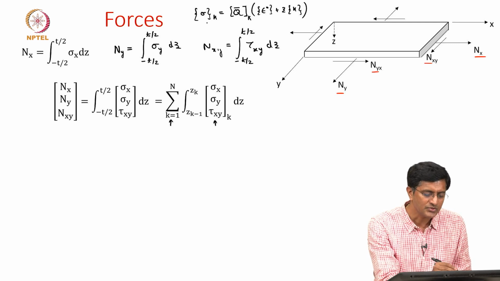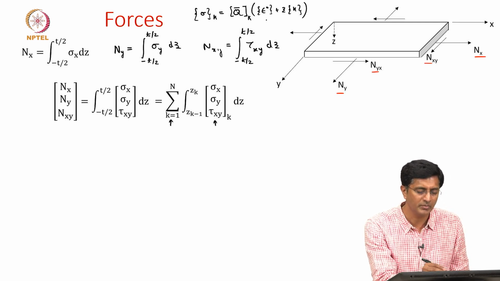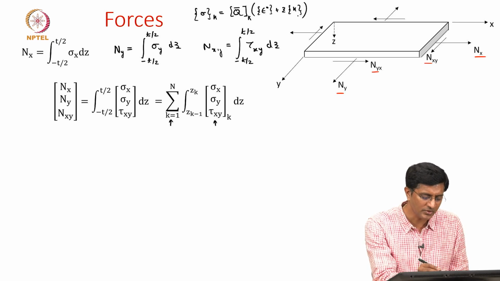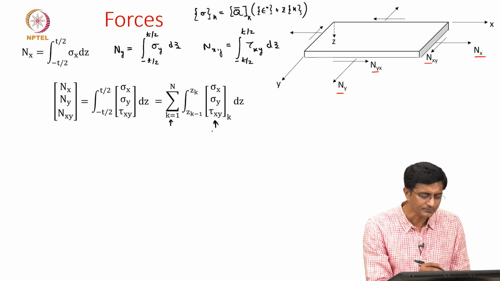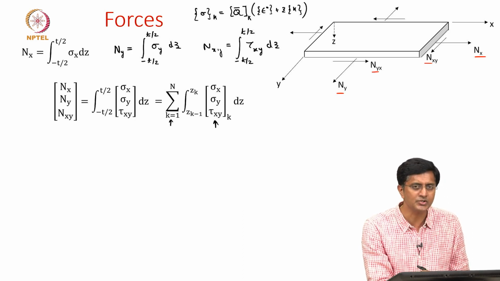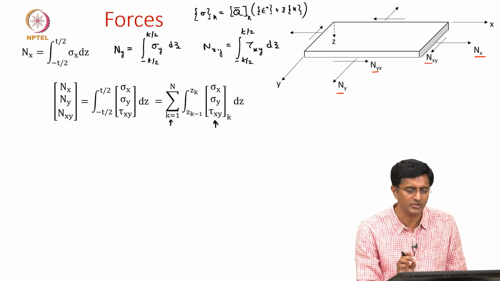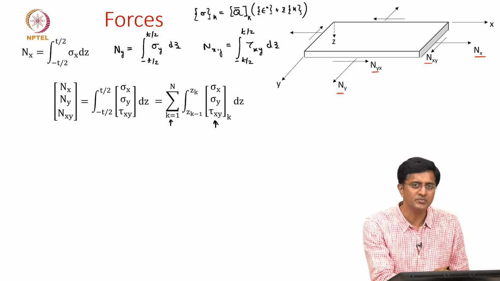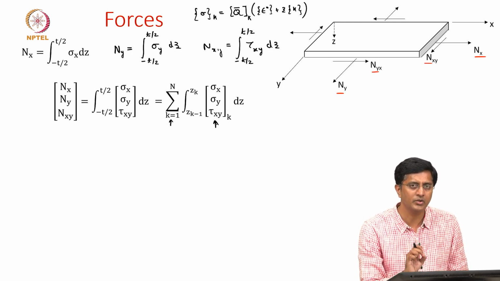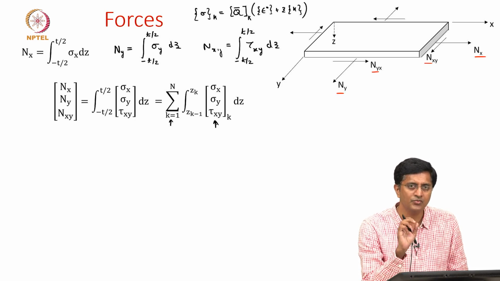So once we see that these stresses can be written in terms of the mid surface strains and the curvatures, we substitute that in this equation here. Once we substitute, we need to make a few observations. First, this Q, which is the stiffness matrix, changes from layer to layer, but it is a constant within a layer.